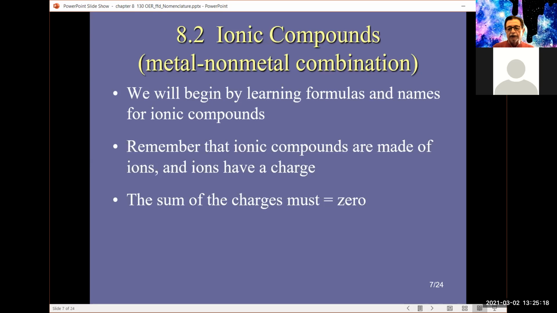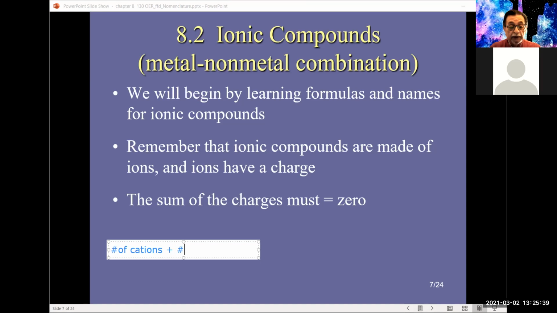Okay, let me rewrite this to a general formula for you. So you might want to put this in your notes. The number of cations plus the number of anions must equal the charge of the molecule.